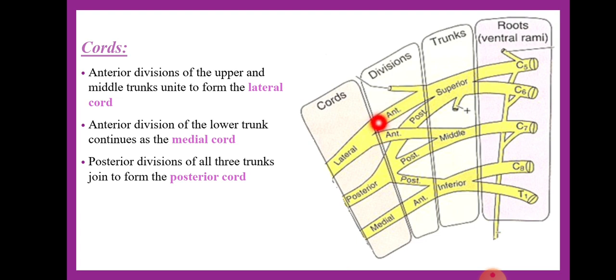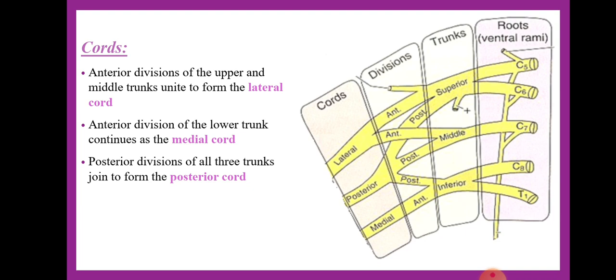The anterior divisions of the superior and middle trunks join each other to form the lateral cord. The anterior division of the inferior trunk passes alone to form the medial cord. So we have 3 cords: lateral, medial, and posterior.